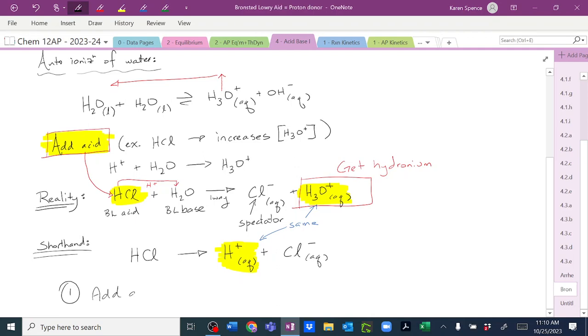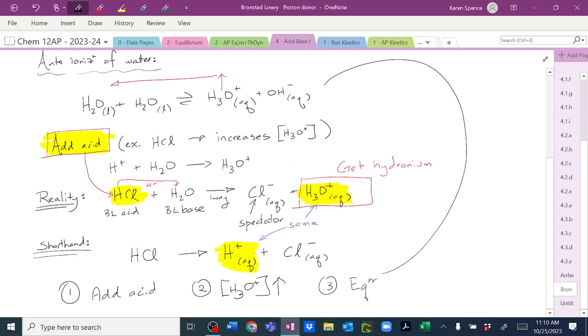Number two, concentration of H3O plus does what? Increases. Number three, the equilibrium shifts left.